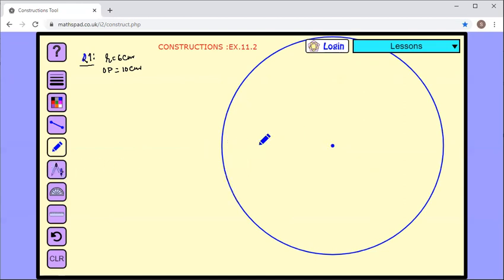Then he is saying that take a point P 10 centimeter away from the center.